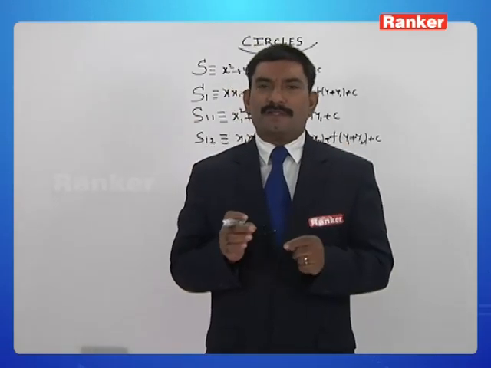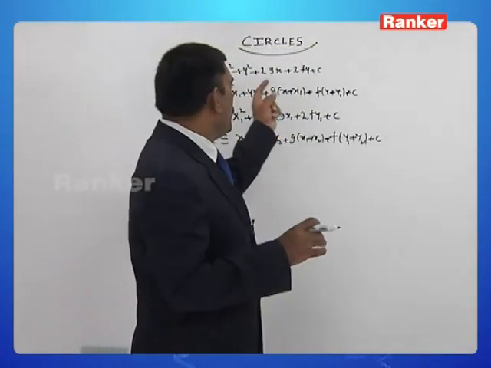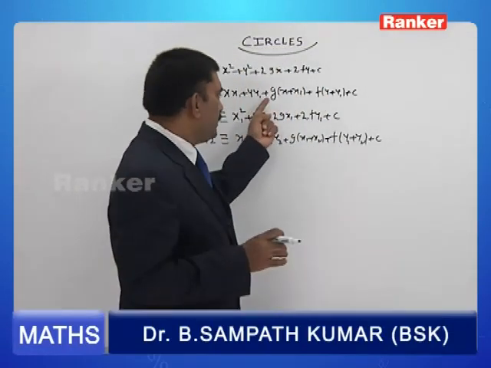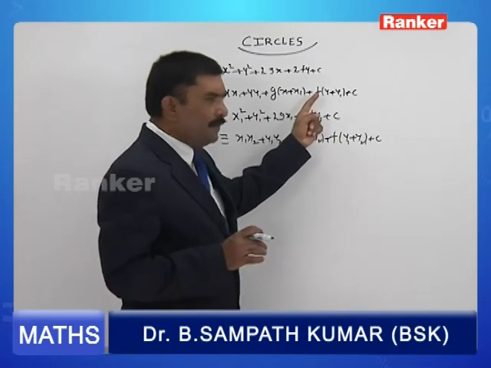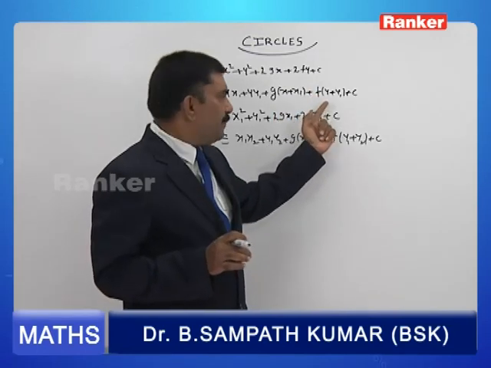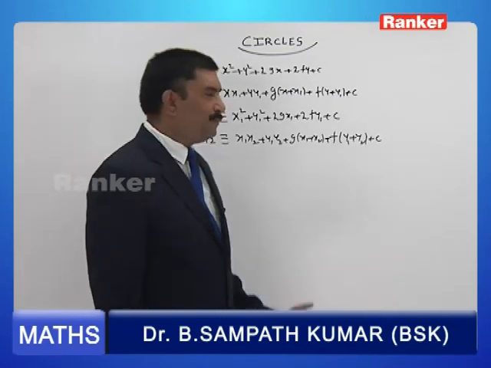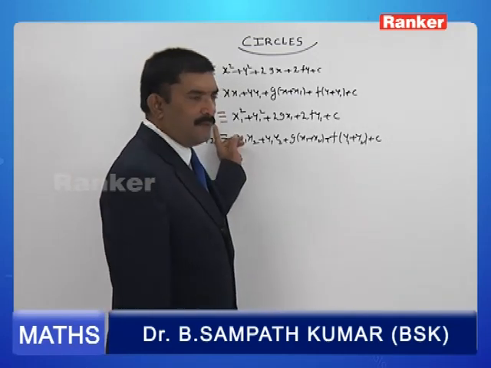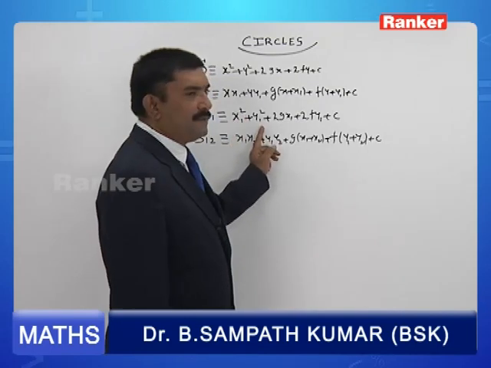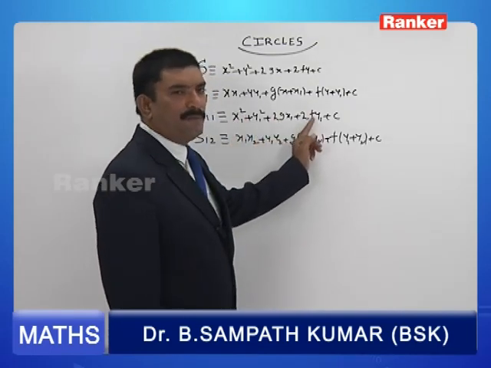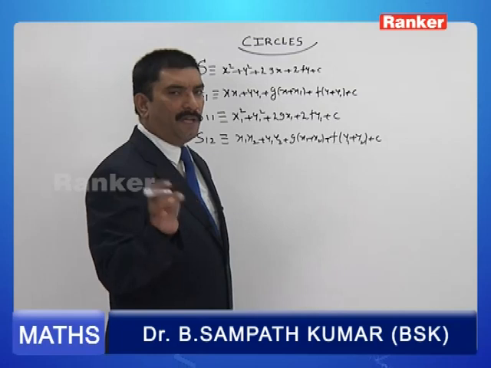If you come across the straight line of the type xx1 plus yy1 plus g into x plus x1, plus f into y plus y1, plus c, aptly you can represent it as S1 = 0. Now look here, this is S11: x1 square plus y1 square plus 2gx1 plus 2fy1 plus c, substituting a point in the circle equation.